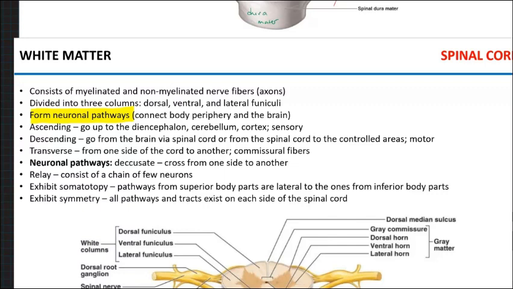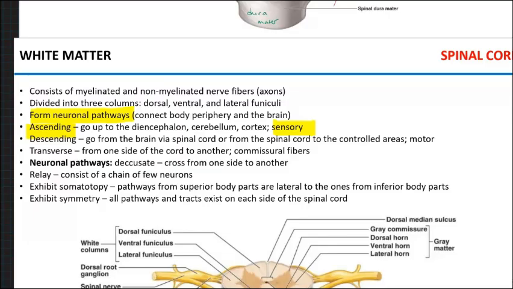And then spinal cord transmits that sensory information to the brain. Does it go up or down? Spinal cord to the brain. Up. So this is why the sensory pathways are ascending. Go up.